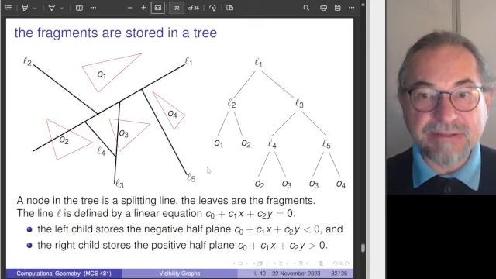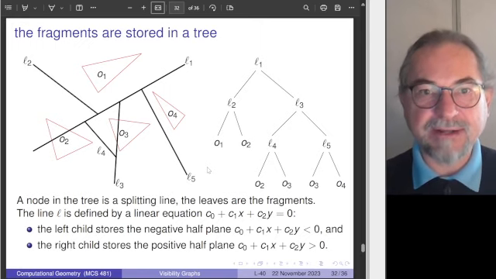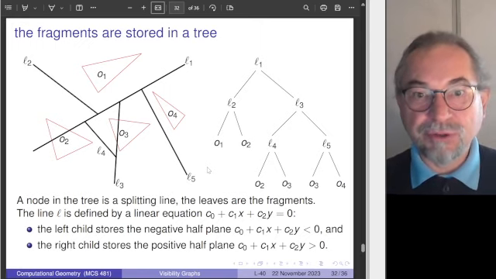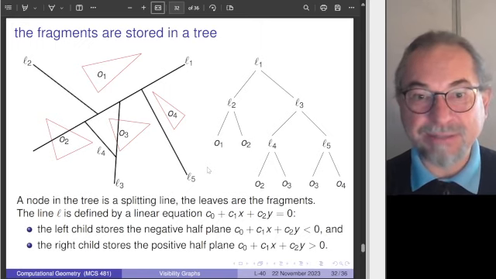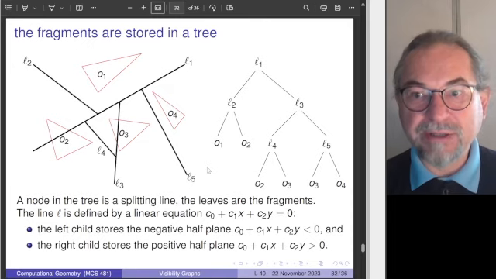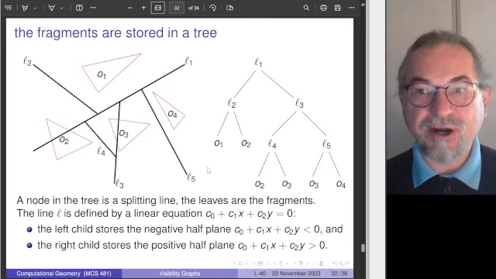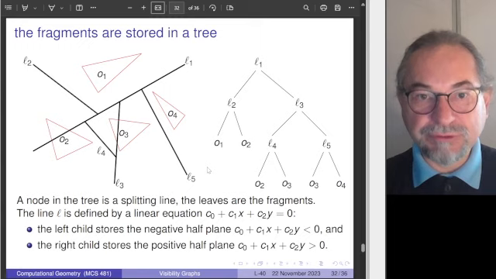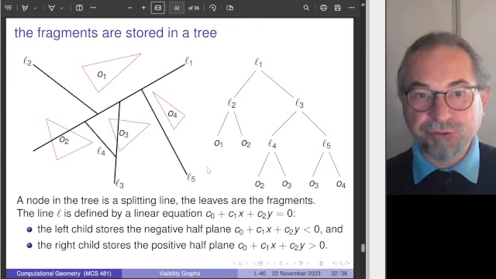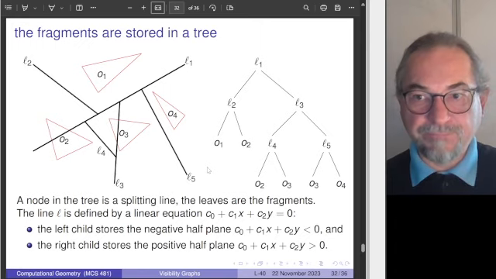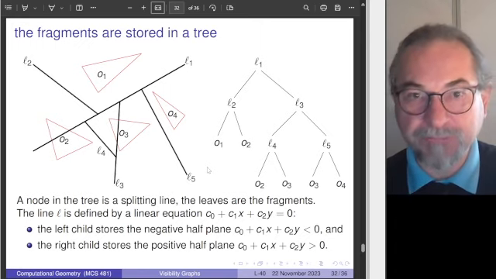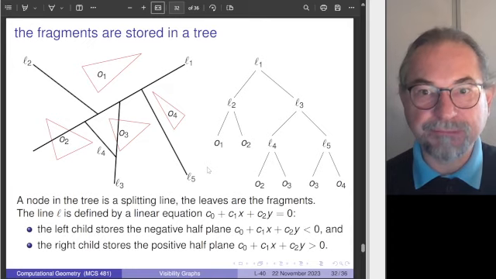description. Here you see one of the slides of that lecture where we define a tree, the binary space partition tree, where the objects, or at least the fragments of the objects, are stored in the leaves. Then we traverse the tree, and we locate the viewpoint in one of the regions that is represented.